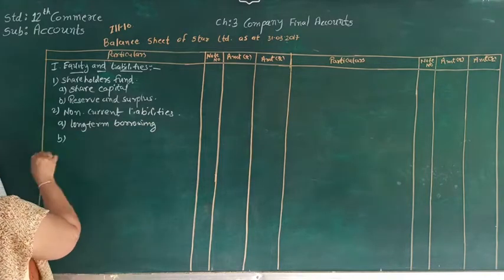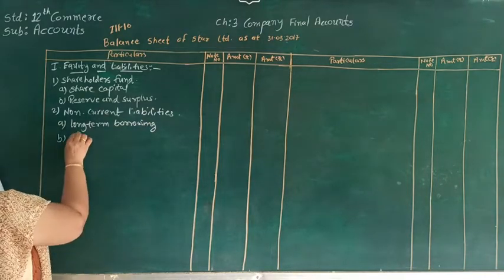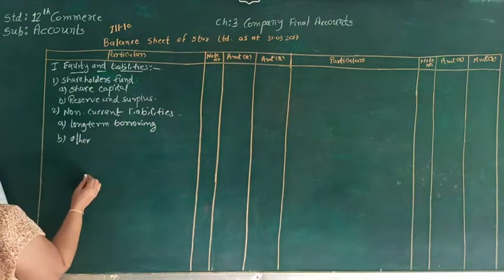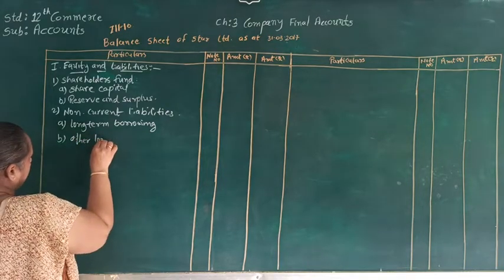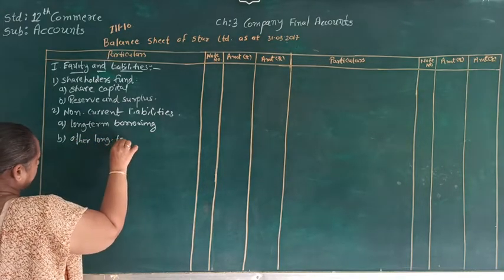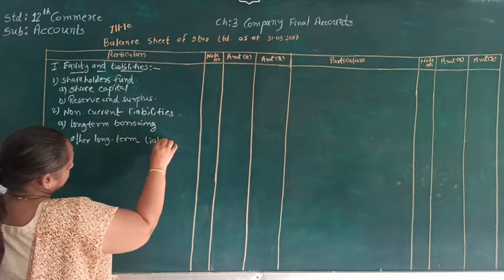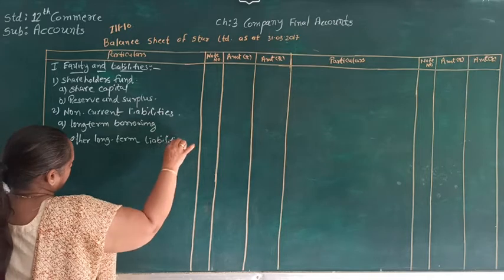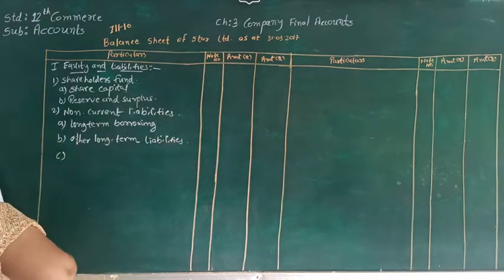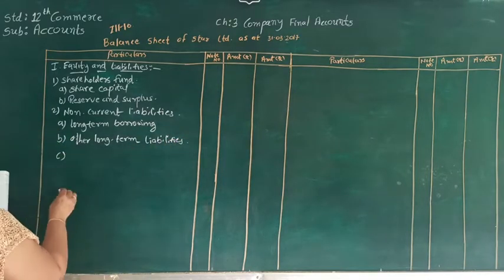And the second one is other long-term liability. And the third one is long-term provision.